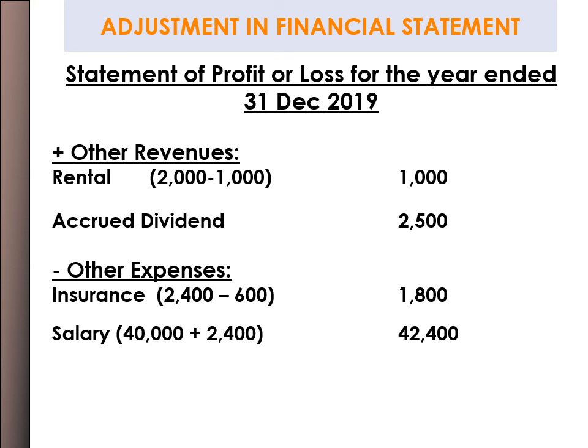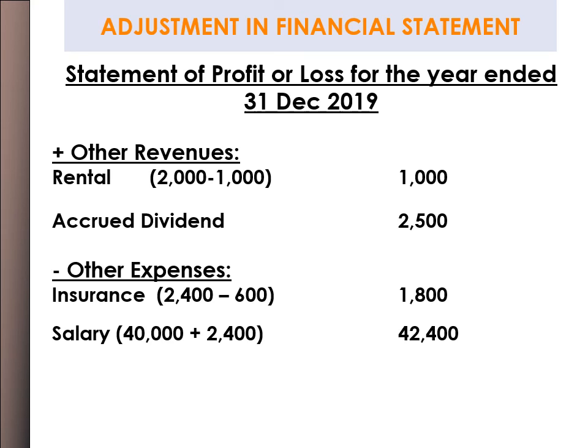And in the other expenses where you have insurance, you actually already paid 2,400 ringgit, but the 600 is actually for the 3 months in 2020, for January, February, and March 2020, the insurance. So your statement of profit or loss only records the amount of 1,800 ringgit for the insurance.